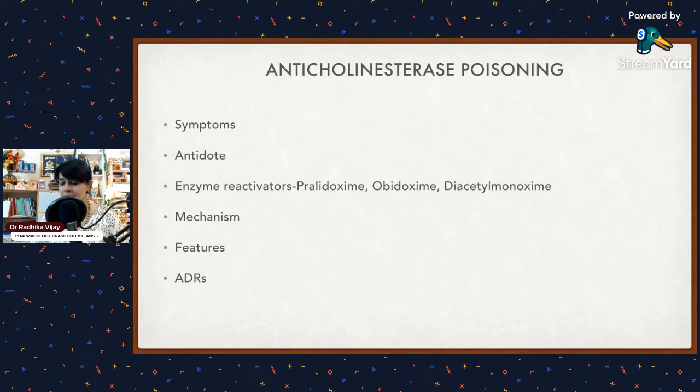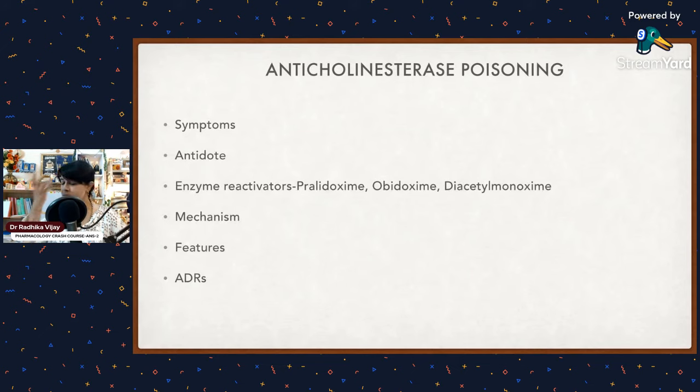What is the treatment or the drug of choice? The antidote of choice for organophosphate and carbamate poisoning is atropine, always. Other add-on drugs used nowadays are enzyme reactivators like pralidoxime, obidoxime, diacetyl monoxime, etc. What is their function? They regenerate the acetylcholinesterase, and they are especially useful in organophosphate poisoning, but they are not useful, or rather they are contraindicated, in carbamate poisoning.